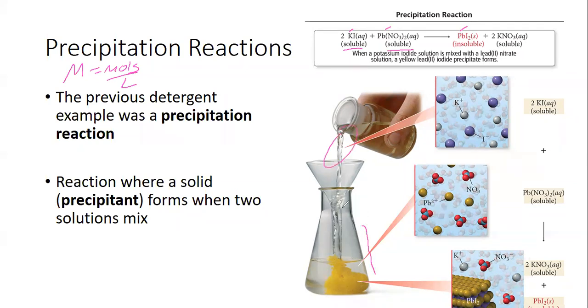We're mixing our two liquids. This yellow cloud is our solid. And the scientific term for this is a precipitate. We have made a precipitate, and this is called a precipitation reaction, where we mix two liquids and we get a solid out of it.